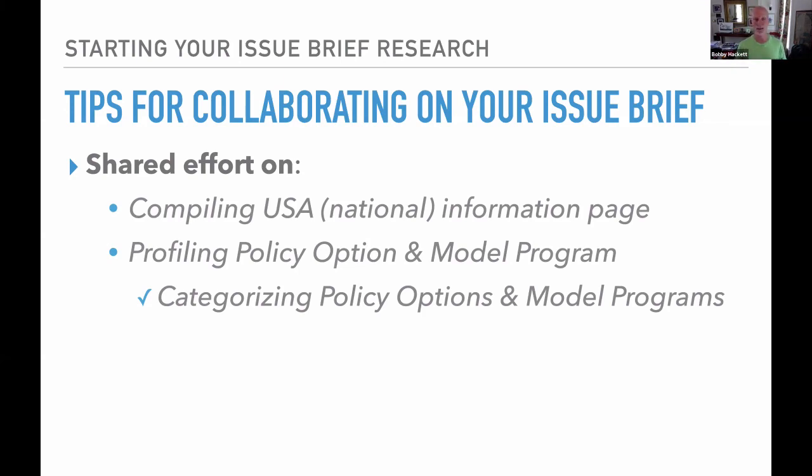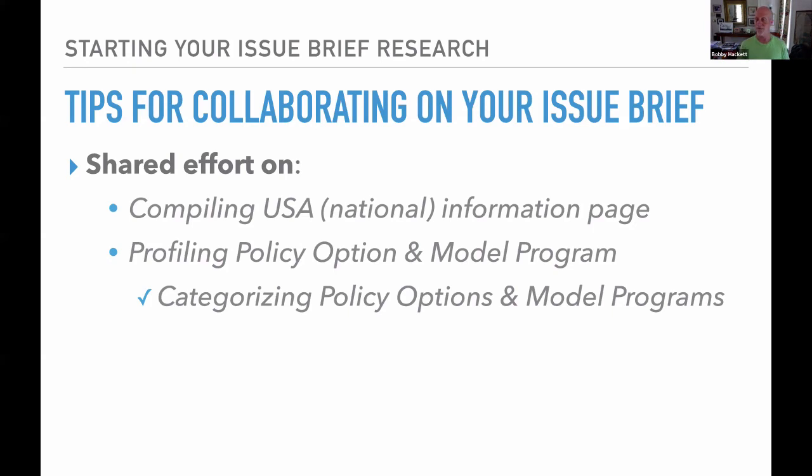If you're working with a group of folks, in almost every instance, you're going to share the work of doing the national page, the USA page. You just will. If there's 2 of you, if there's 5 of you, you will also share the work of profiling a policy option or a series of them or model programs. We'll talk a little bit later about the difference between those 2 things.